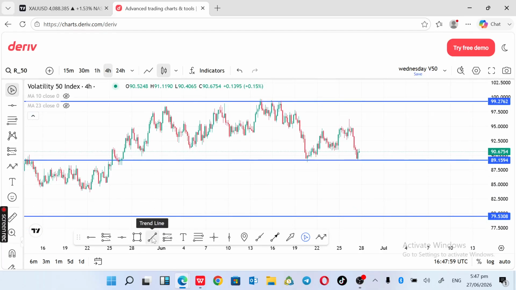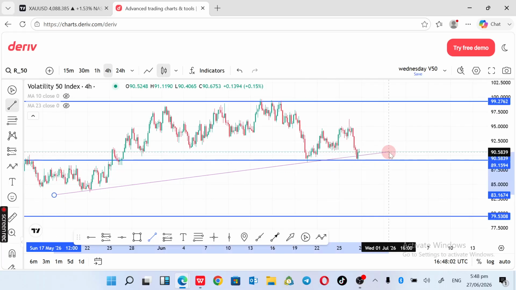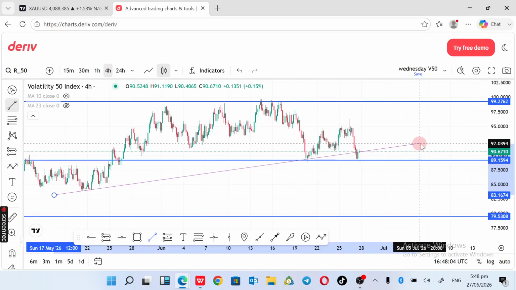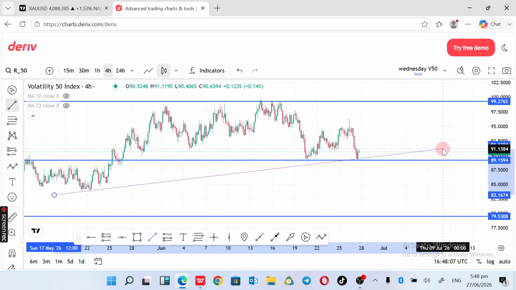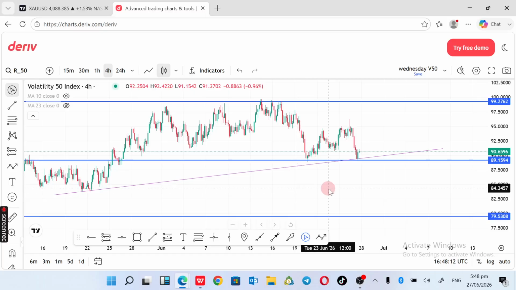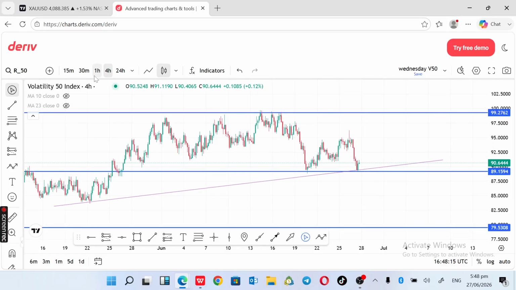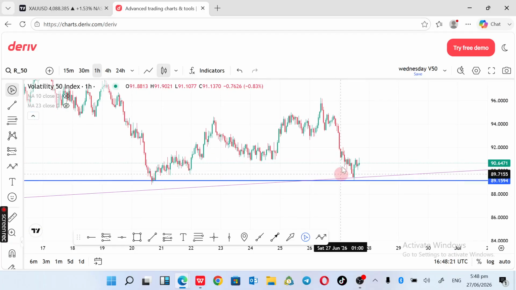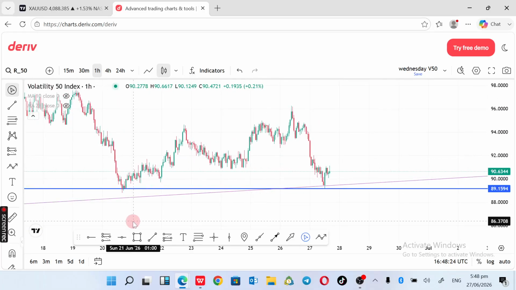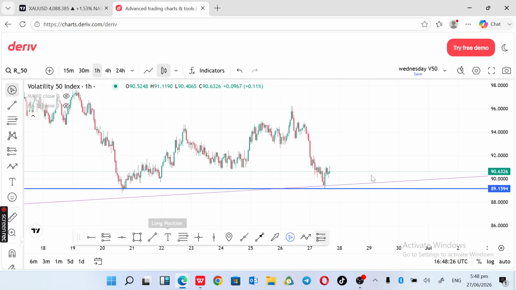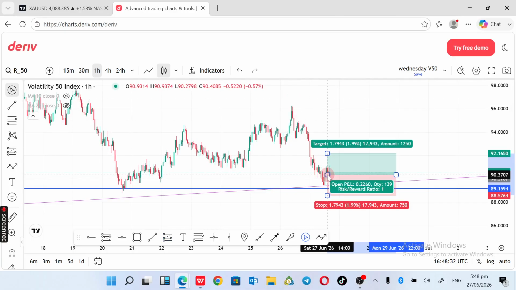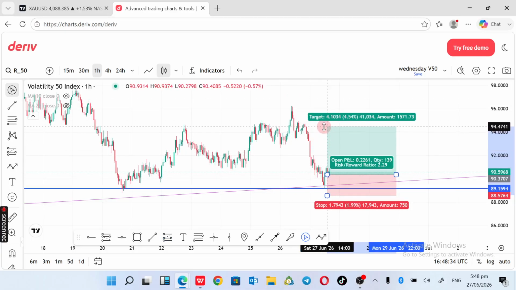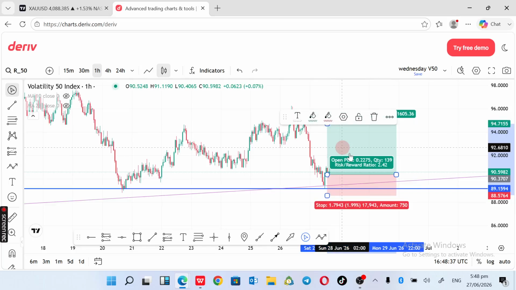Now, if we're also going to use a trend, so we have this as our internal trend. So at this level, that was the reason why I took a buy at this point, because the market shows that it is heading back up to resist this internal high.